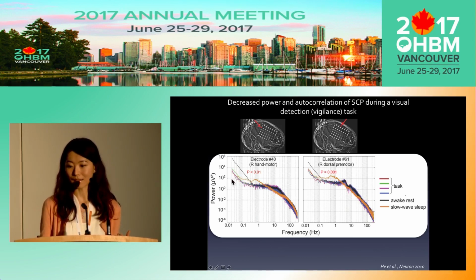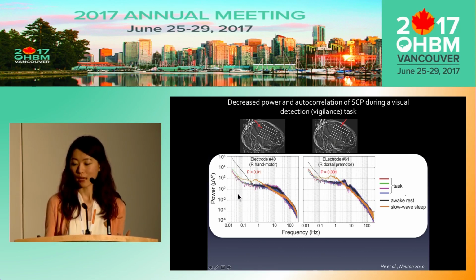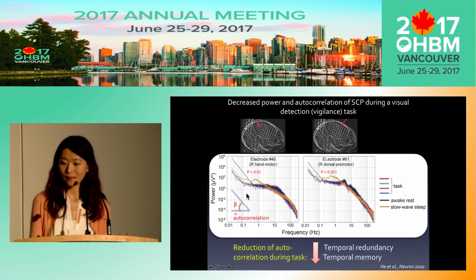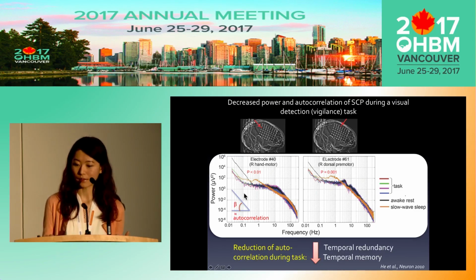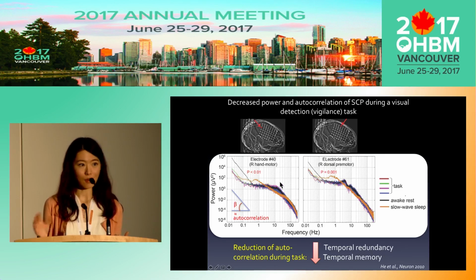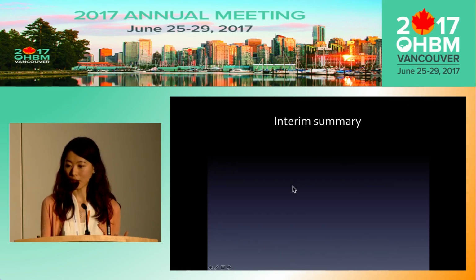When you perform a task, the power law exponent in this range decreases, and a reduction of the power law exponent is indicative of a reduction of autocorrelation, suggesting that the signal has less temporal redundancy over time. This is a phenomenon that I'll come back to later in a computational model.